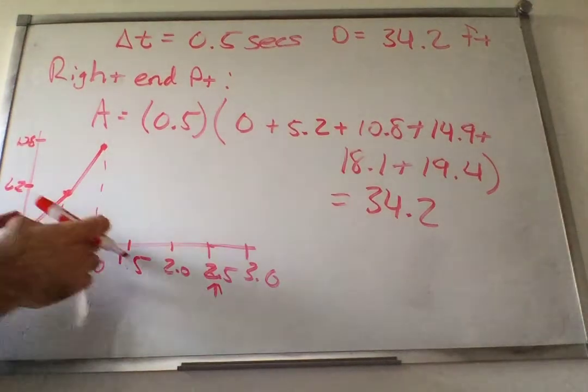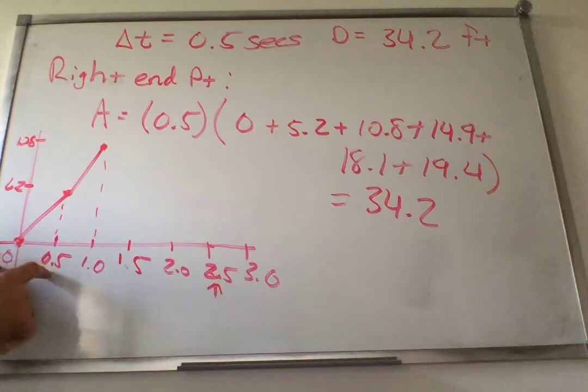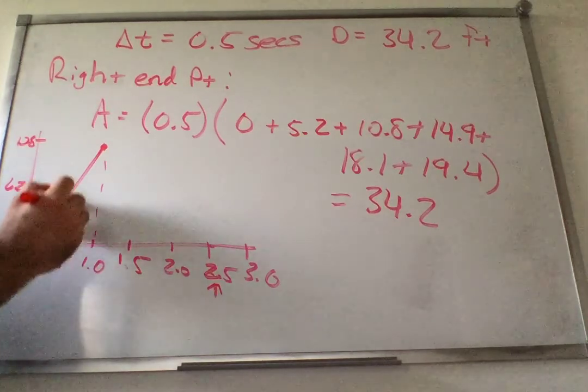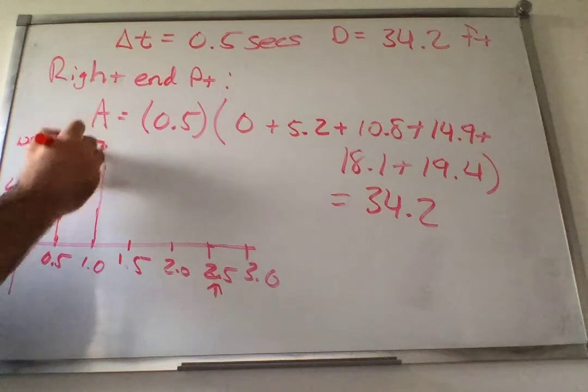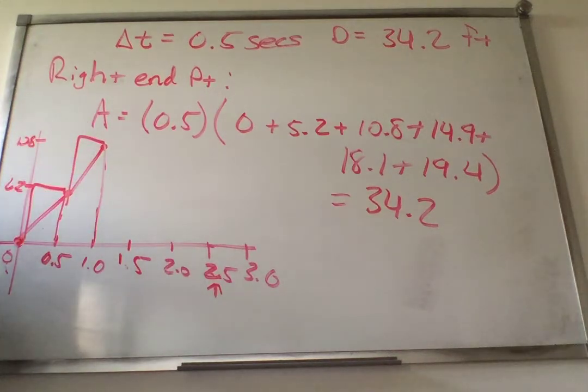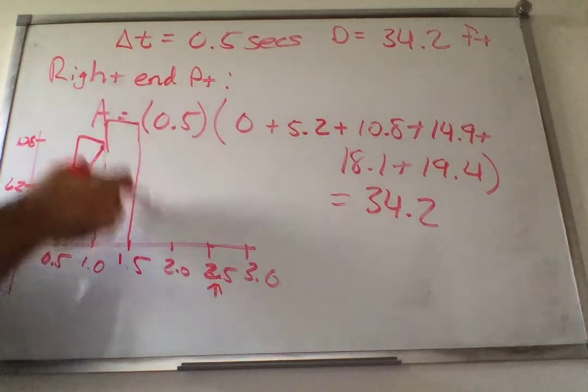So again, if I were to make rectangles, looking at this interval right here, I'm going to pick the one on the right, so I'll make a rectangle like that. Out of these two, I'm going to pick the one on the right and make a rectangle like that. And then this one, I pick this one, make a rectangle like this, whatever it goes up to.